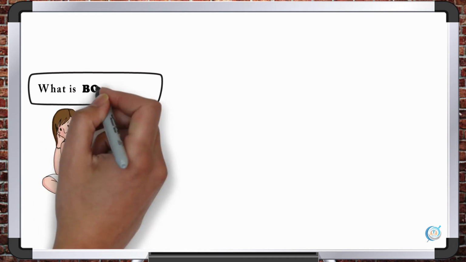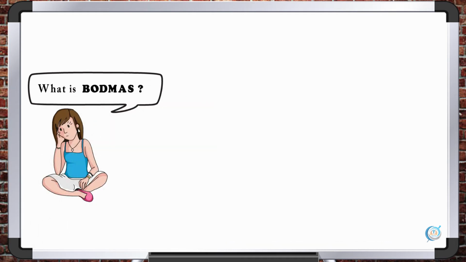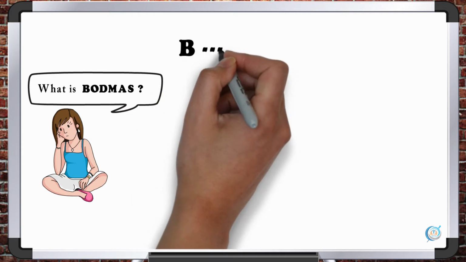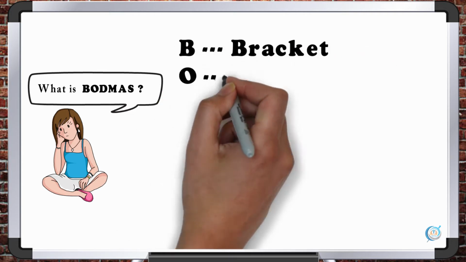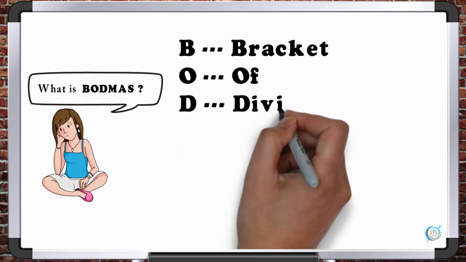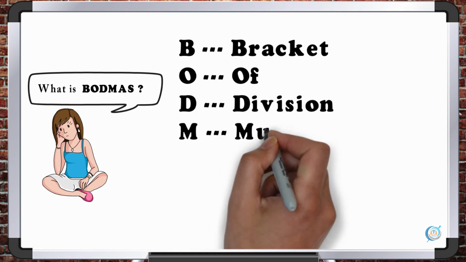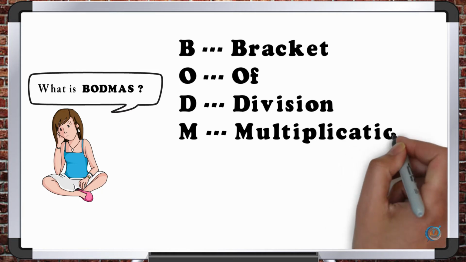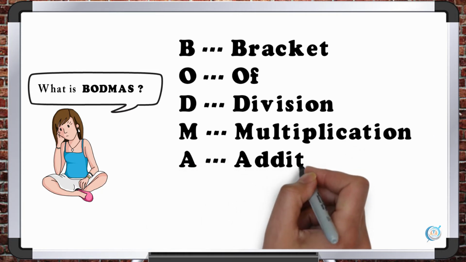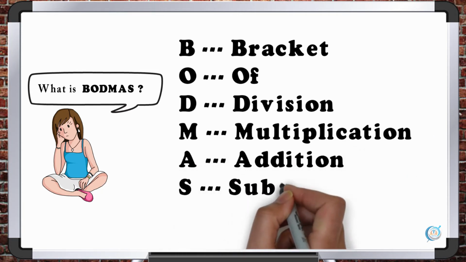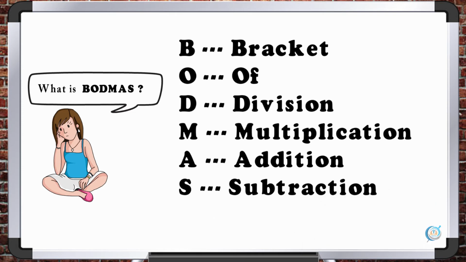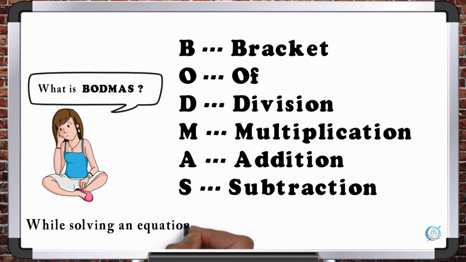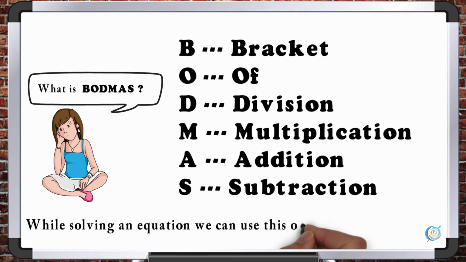Then what is BODMAS? Here in BODMAS, B indicates bracket, O indicates of, D indicates division, M indicates multiplication, A indicates addition, and S indicates subtraction. While solving an equation, we can use this order from up to down.